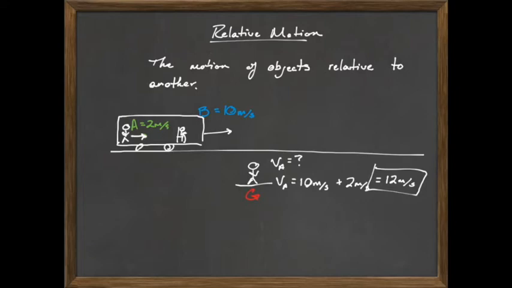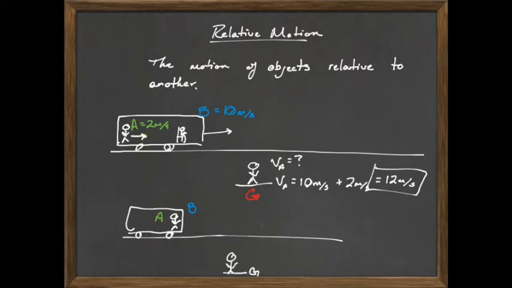Okay, and the same thing works the other way. But this time, person A is starting at the front of the bus. We have all the same reference points, and we'll give it all the same numbers.